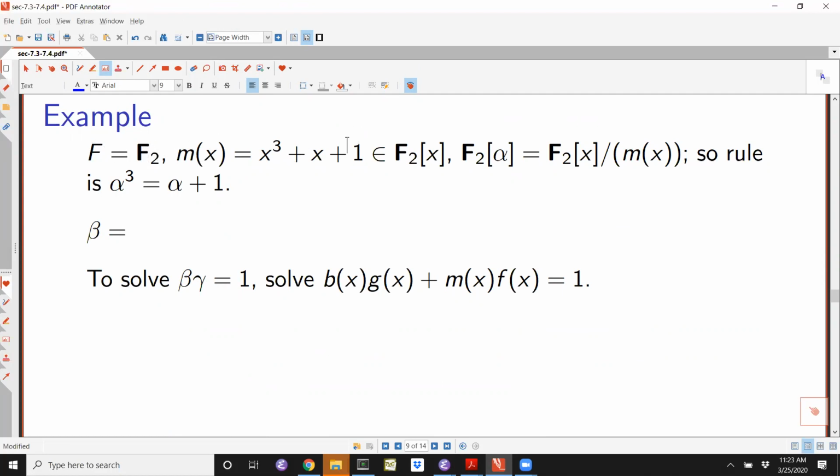And our modulus will be x cubed plus x plus 1, which we think of as a polynomial in x with coefficients mod 2. F2 adjoin alpha will be F2[x] mod m of x. Our defining rule for everything is alpha cubed equals alpha plus 1.